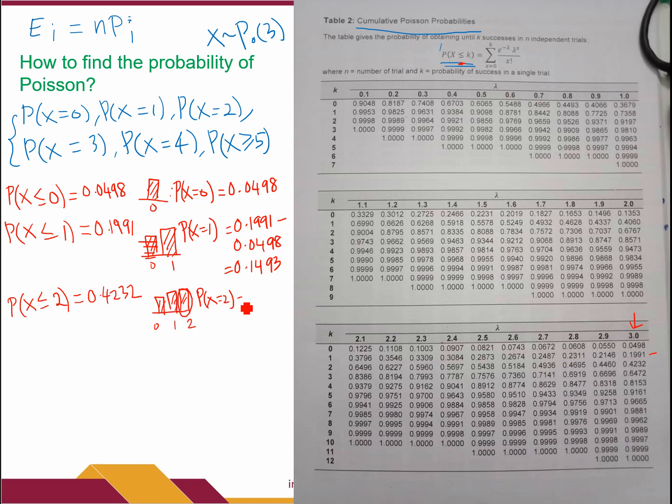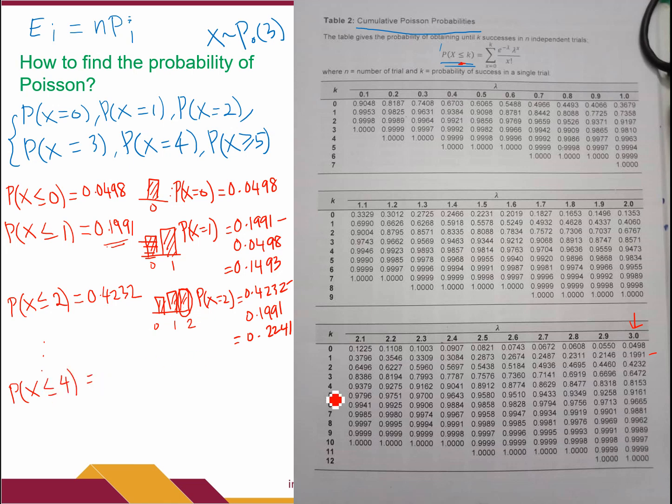So 0.4232 minus this one, 0.1991, and then you will get 0.2241.